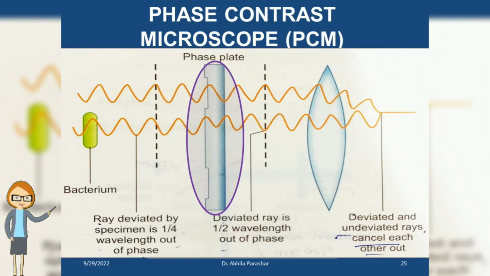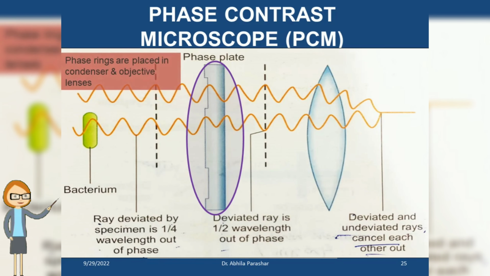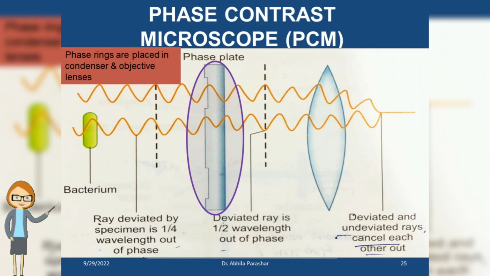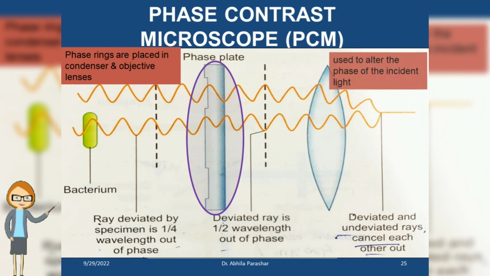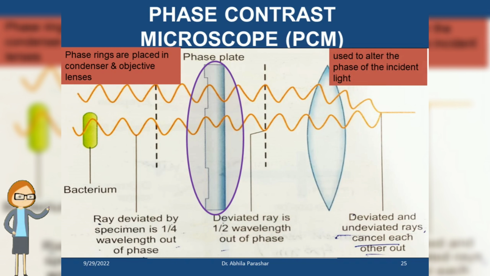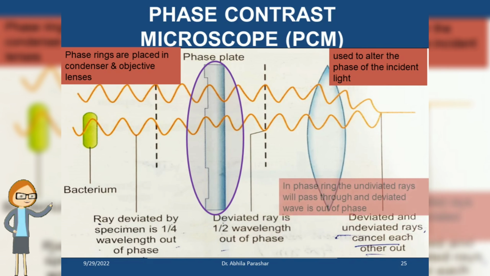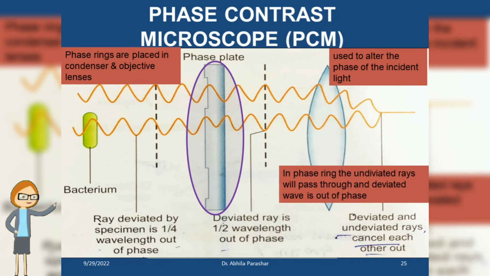These phase plates are present in the condenser and objective lenses, and this is used to alter the phase of the incident light, and this light produces undeviated rays and deviated rays.